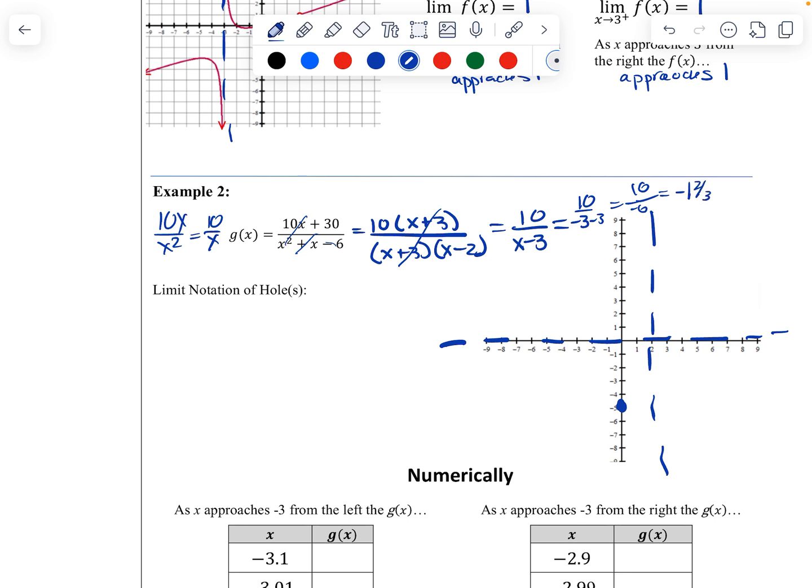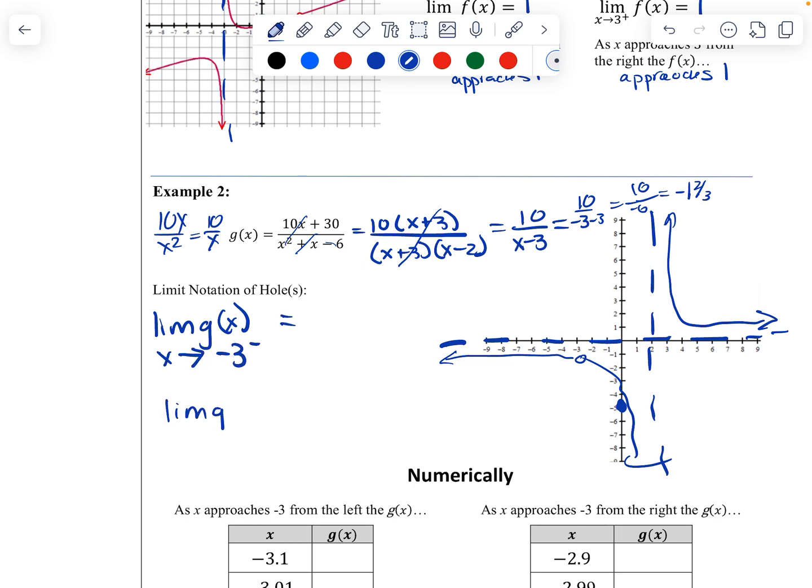So our notation, that tells us our hole is at negative 3, negative 1 2/3, so right here. So we know that this swoop one looks something like this. So our notation, the limit of g of x as x goes to our hole from the left, and the limit of g of x as x goes to our hole from the right. Now if it's going to our hole, it's going right to that same height here.